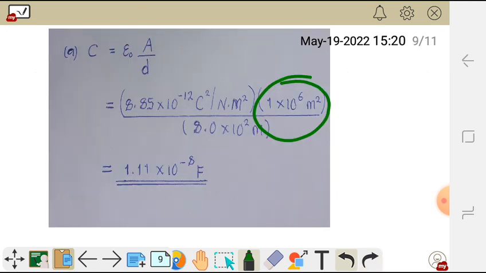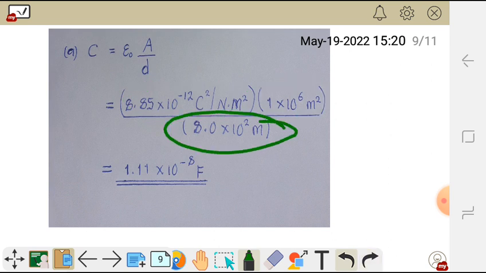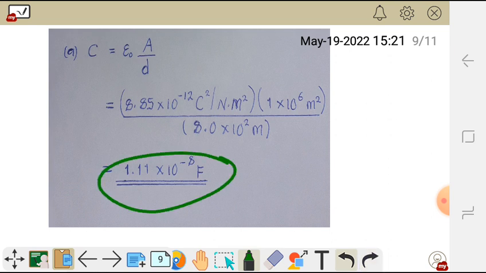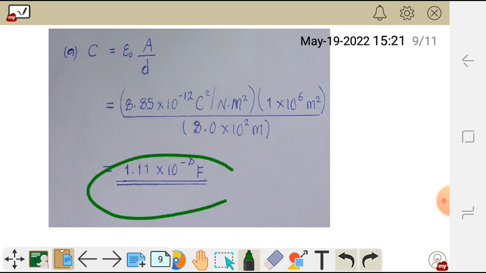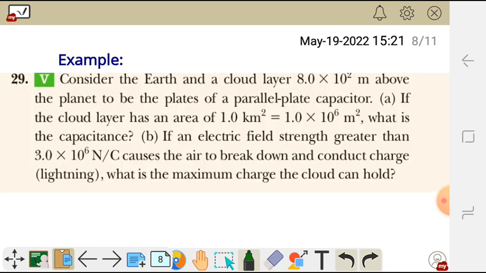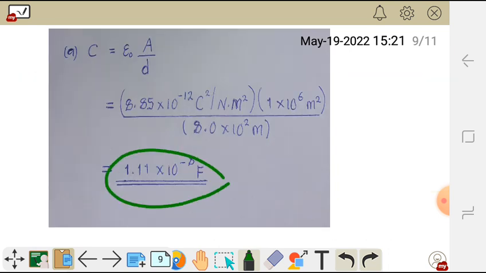Then we multiply this figure by that figure and divide by the distance which separates the two plates. We are going to find that our capacitance will be 1.11 by 10 to the power negative 8 farads. So that is question A. That is the capacitance.